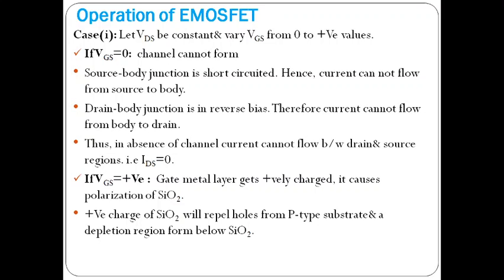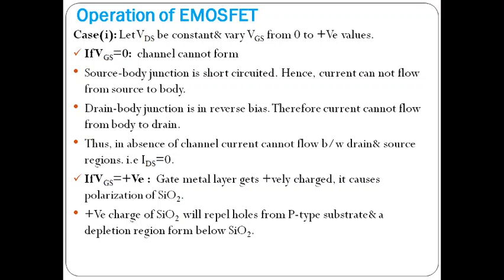Silicon dioxide is a dielectric or insulation material, so it does not have conduction, but it has electrical charges, that means negative charge and positive charge. Due to the more positive charge on the metal gate, the polarization of silicon dioxide becomes stronger. What is polarization? Polarization is nothing but the charge being separated.